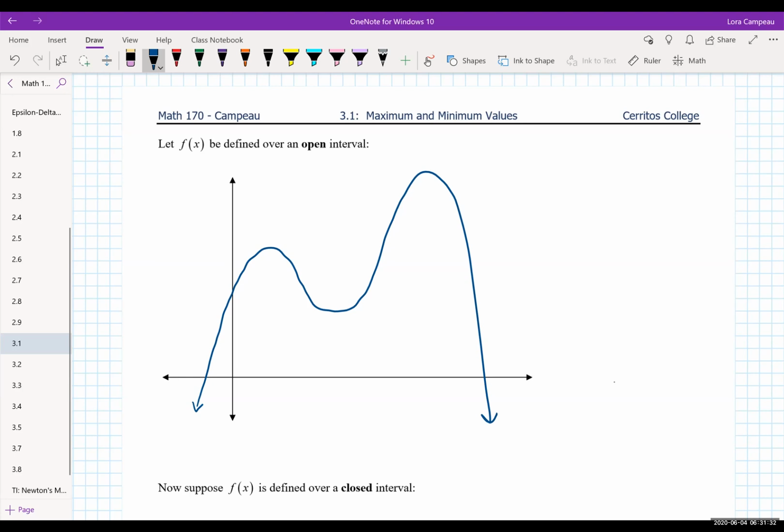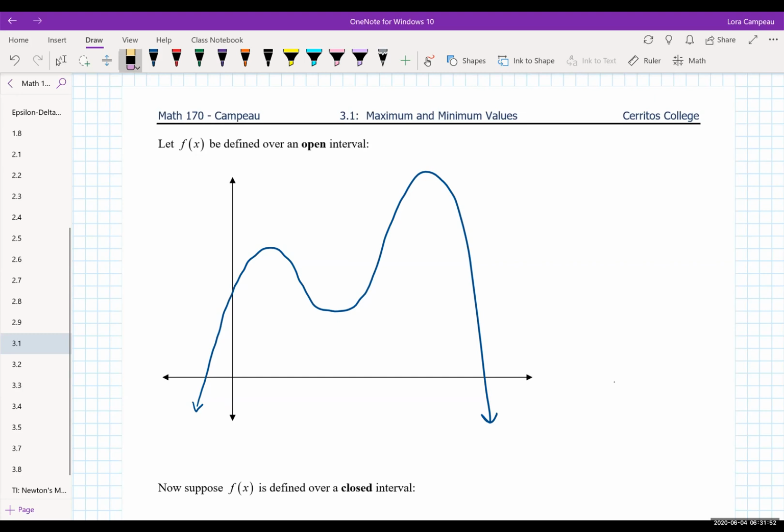I mean, it can be negative infinity to positive infinity, but it could also be just a single set of x values as well. So you don't have to go out to the infinity. So I'm just going to keep it open everywhere before I specify.